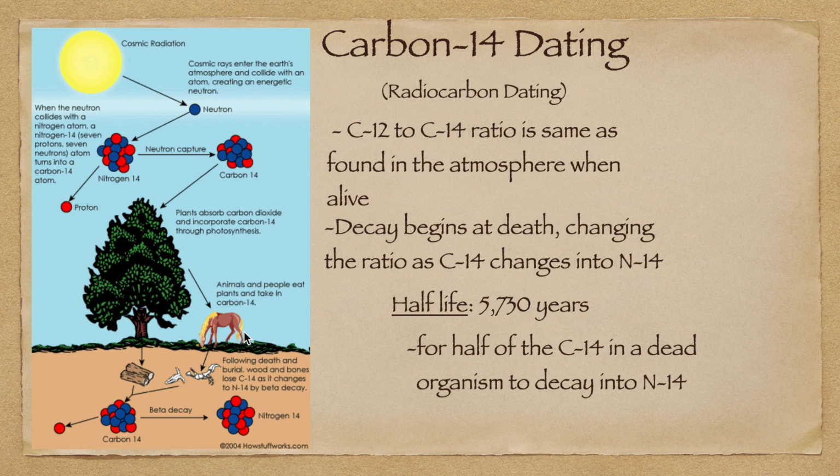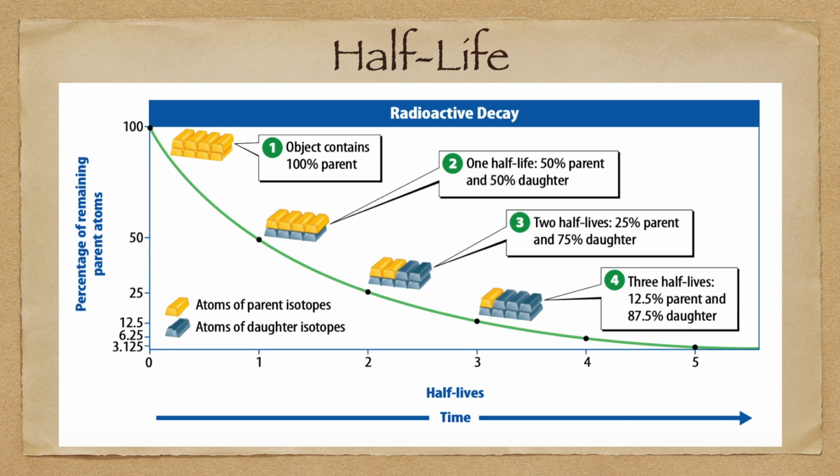The same constant speed, half-life of 5,730 years. And a half-life, we'll talk about in just a second. Half-life is the amount of time required for half of the parent isotopes to decay into daughter isotopes.